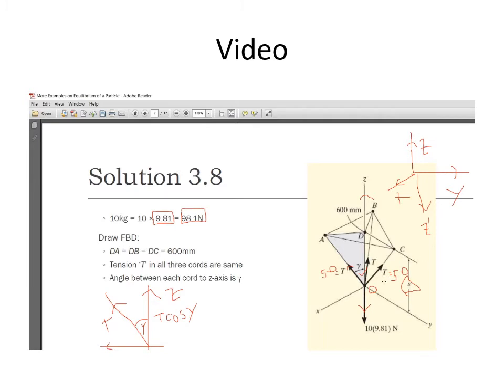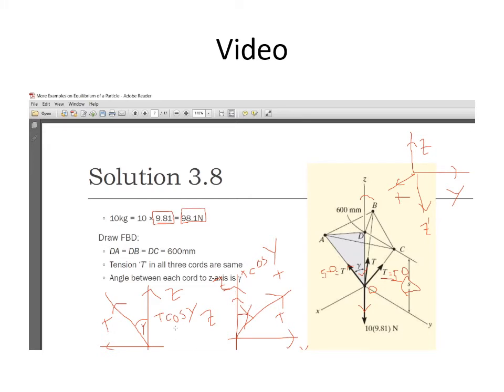And now for this part, it is working in the yz plane. So it's the y and it's the z, and the tension force is working like this, creating an angle of gamma. So again, the T cos gamma component of the tension force is working in the positive z axis.